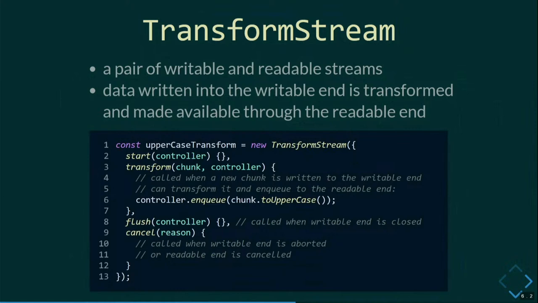Flush is basically your close method from writable, so that will make sure that your readable end also gets closed, or you can still enqueue some suffix chunk if you want in the flush method itself before you actually close the stream. And cancel happens when either the readable gets cancelled or the writable gets aborted.